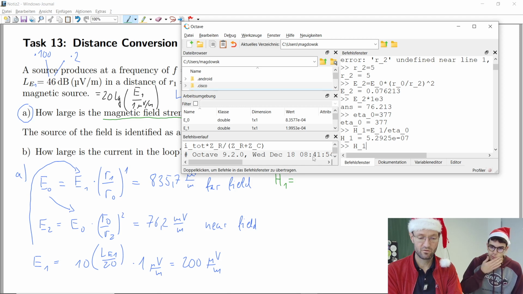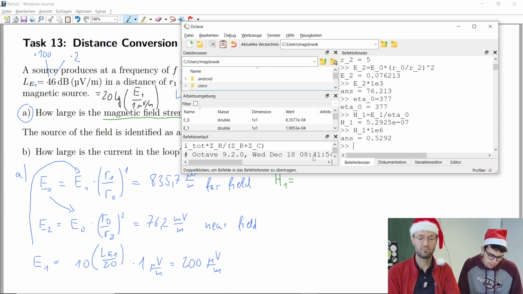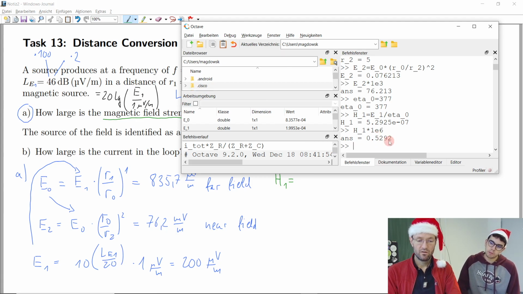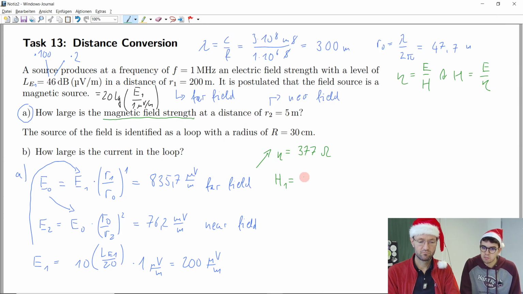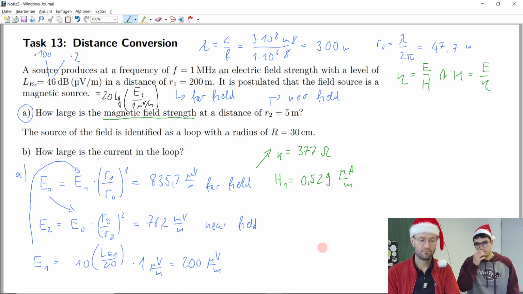And if I convert this into, let's say, microampere per meter, we get 0.529 microampere per meter.